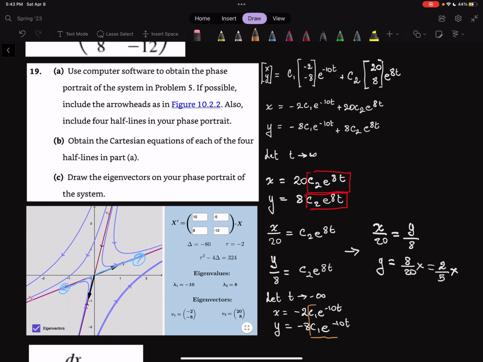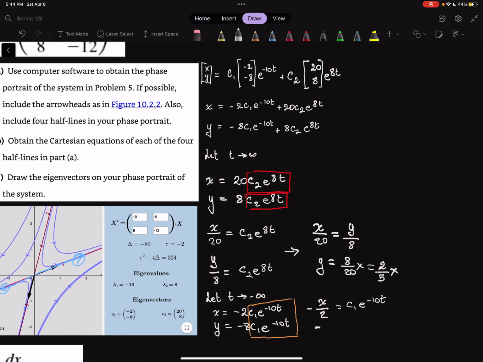We see here that this is in common. So why don't we eliminate that by dividing the top one by negative 2. So I get negative x over 2 is equal to c1 e to the negative 10t. And here I get, if I divide by negative 8, negative y over 8 equal to c1 e to the negative 10t, which allows us to say that, hey, if x is equal to this and y is also equal to this, then this must be equal to this.